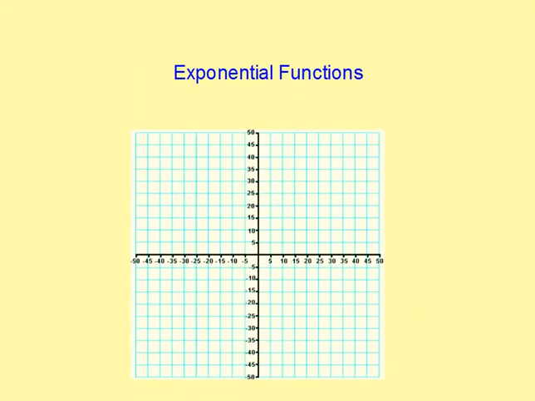Moving on to the next one that is quite common that we'll see: exponential functions. Exponential functions are y equals a b to the x, where x is the exponent. These are really, really common in science, things like population growth.